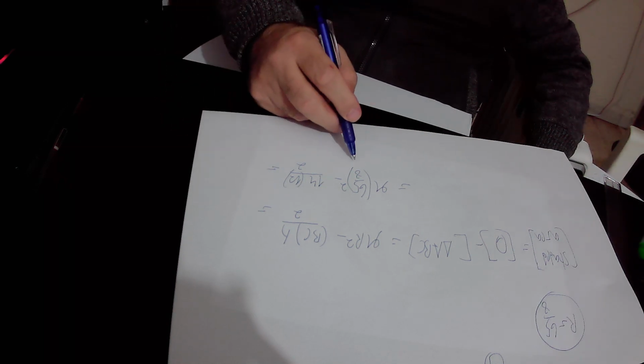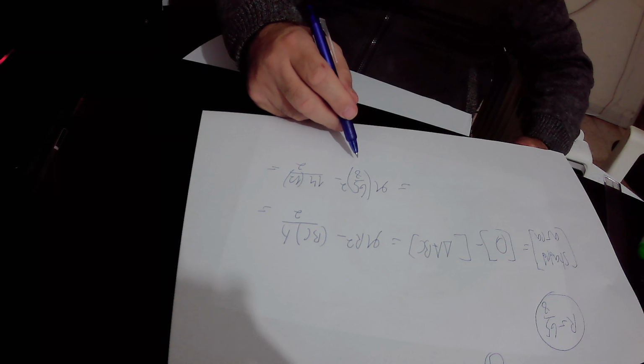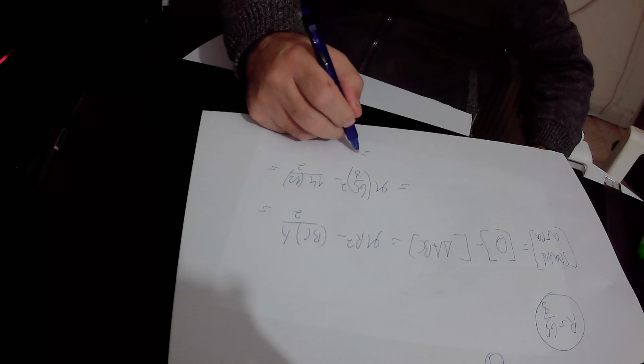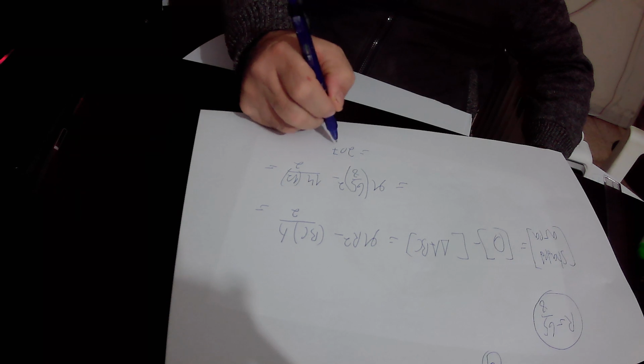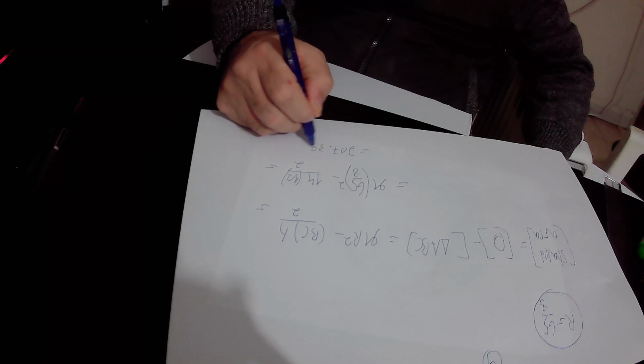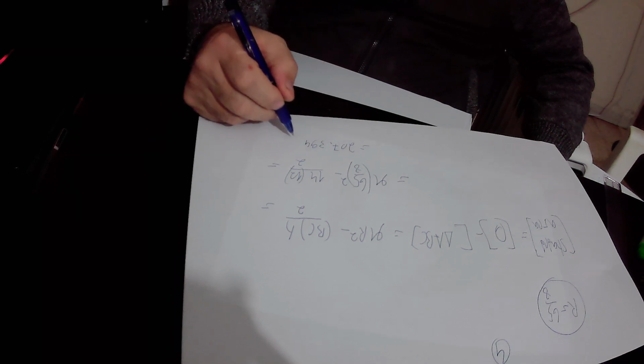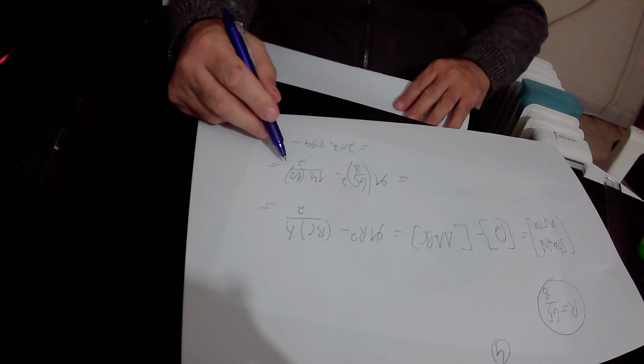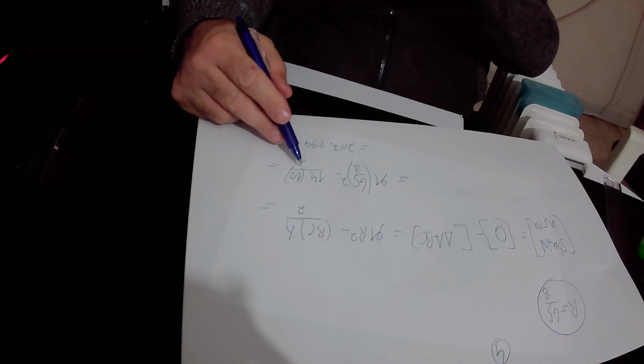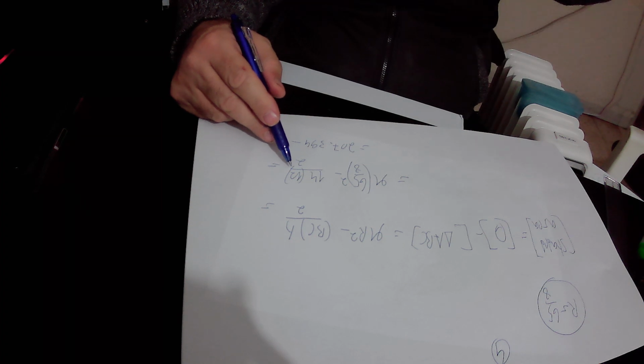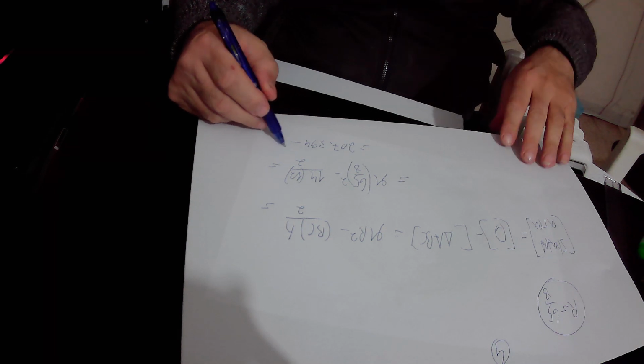So this expression, pi times 65 over 8 squared, in total is equal to 207.394 square units, minus 14 over 2 is 7, and 7 times 12 is 84.